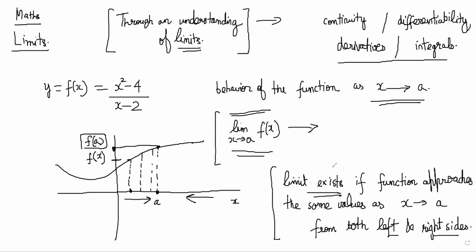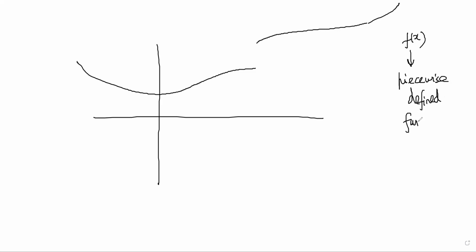It should not be like this. For example, the function should not be like this, where it is defined till here like this, and then it is defined like this. This is my function. This is called a piecewise defined function. Why is it piecewise? Because for one portion of the graph it is defined in a different way, and for the other it is defined in a different way.